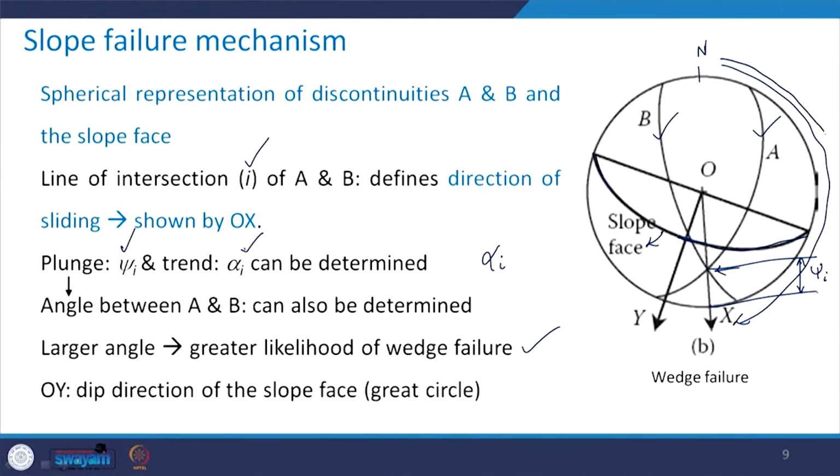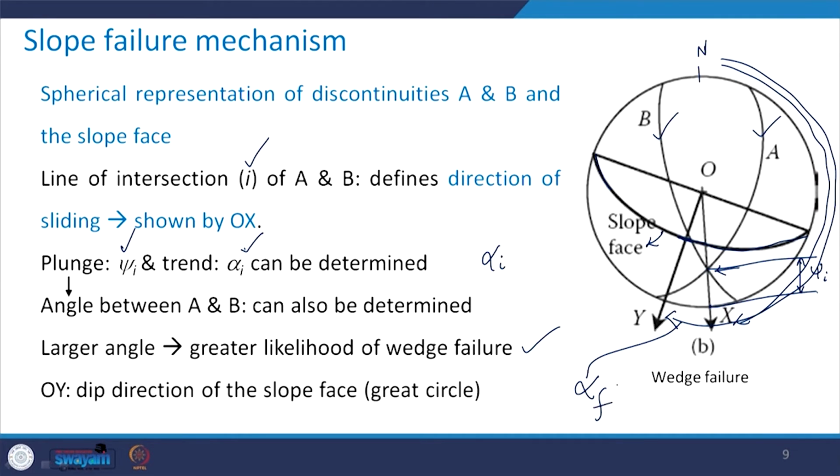You again move in the clockwise direction up to this, and this is going to give you the dip direction of the slope face. How are we representing the dip direction? By alpha, and because it is for the slope face, I am writing it as alpha f.